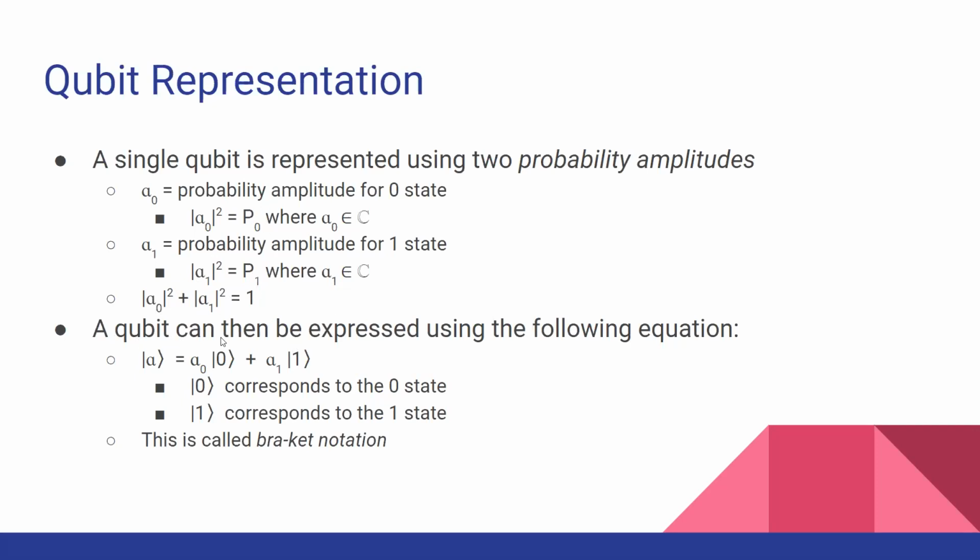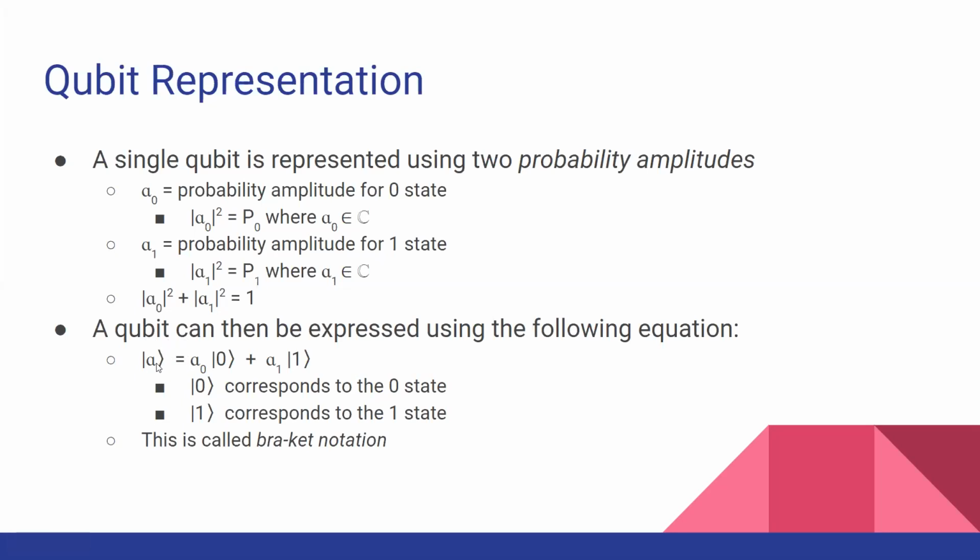Then we can express this qubit using the following equation. This is called bracket notation. The vertical line followed by this arrow looking thing is just a representation of a qubit state.